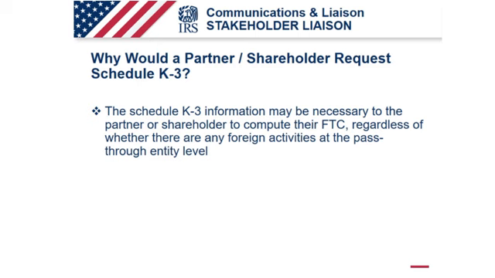Thank you, Jim. I want to talk about if the partnership meets the domestic filing exception, what does that mean for you? It means the pass-through entities are not going to be required to report the following information to their owners.